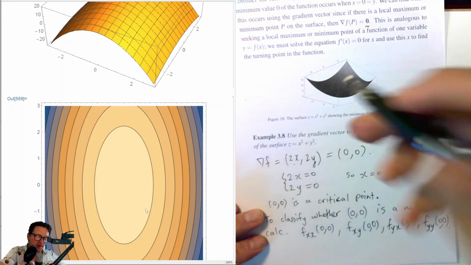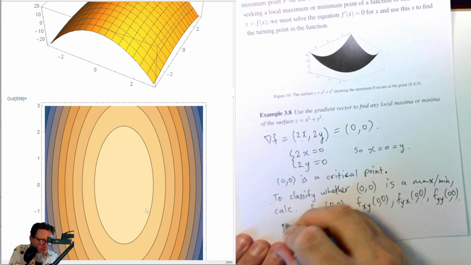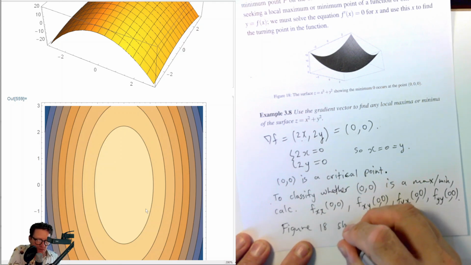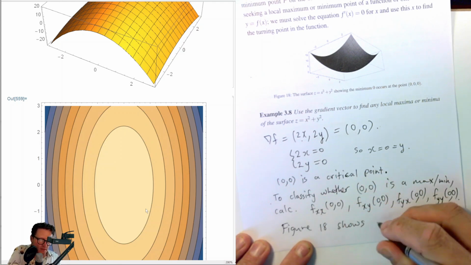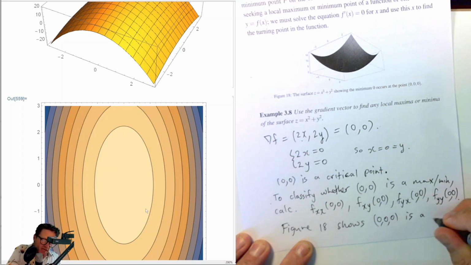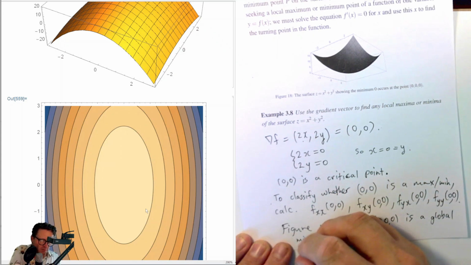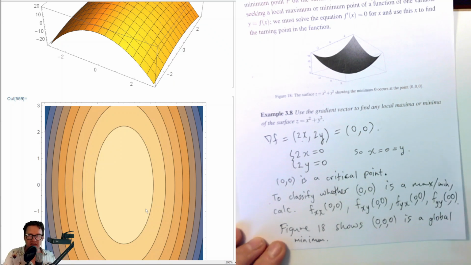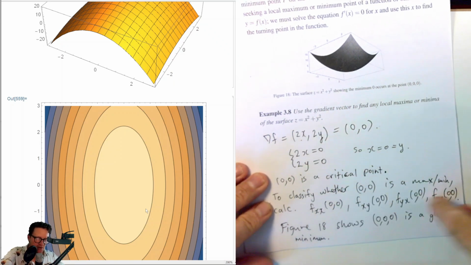Now the figure here, Figure 18, shows that the point (0, 0, 0) is a global, not just local, but a global minimum. So what we're going to do next is confirm this mathematically by calculating these.